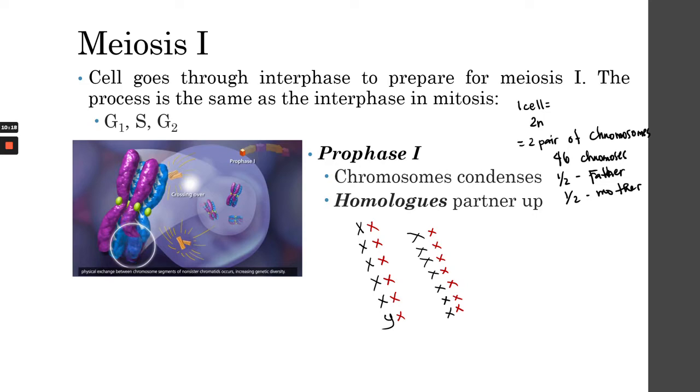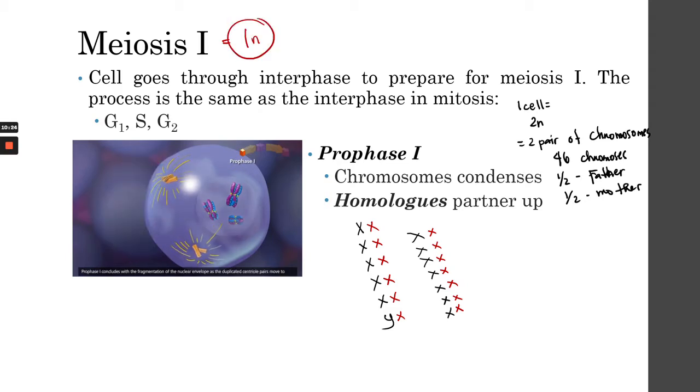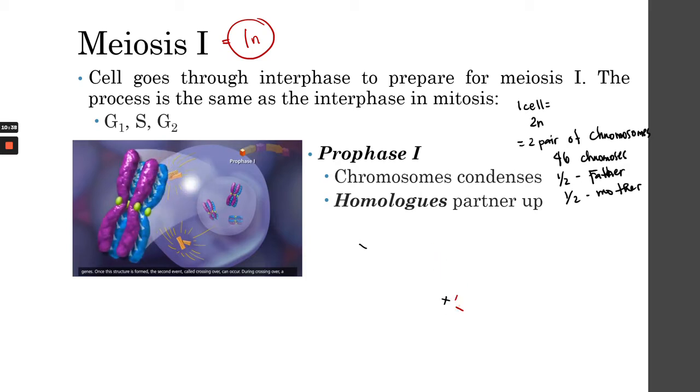In the end, in meiosis 1, we are creating a haploid cell, meaning the cell created after meiosis 1 has only one set of chromosomes inside it already. And that results because of the pairing up of these homologous pairs.